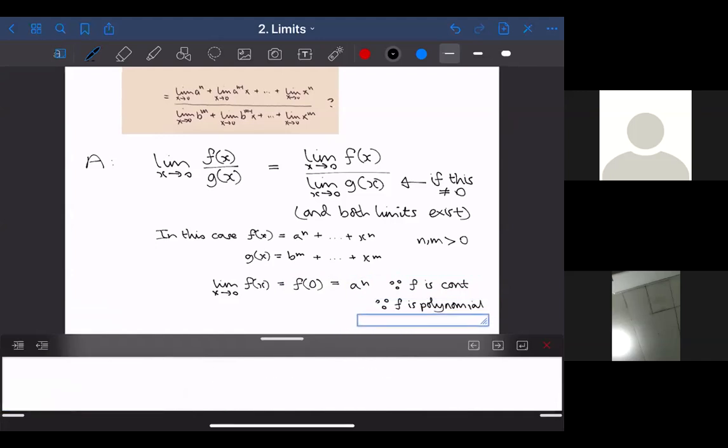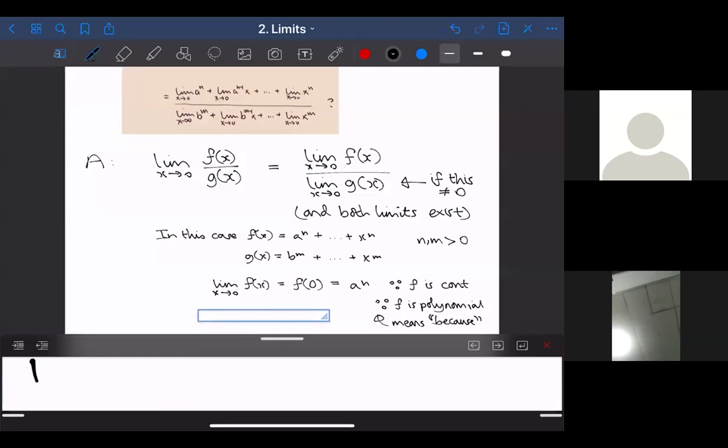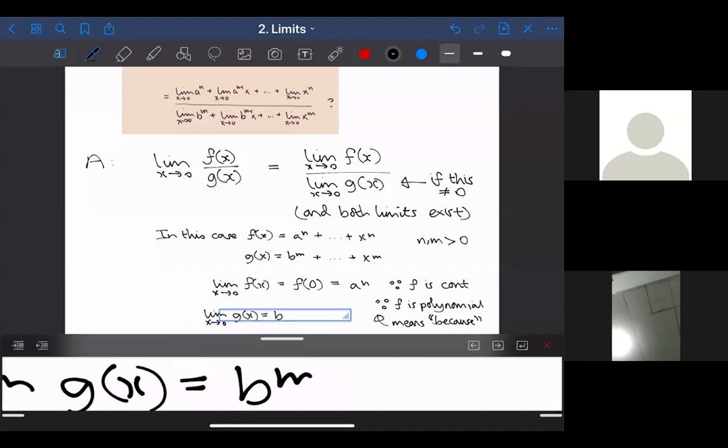Now this symbol with 3 dots like this means 'because'. You'll see it sometimes. And for the same reason, the limit as x goes to 0 of g(x) is b to the m.